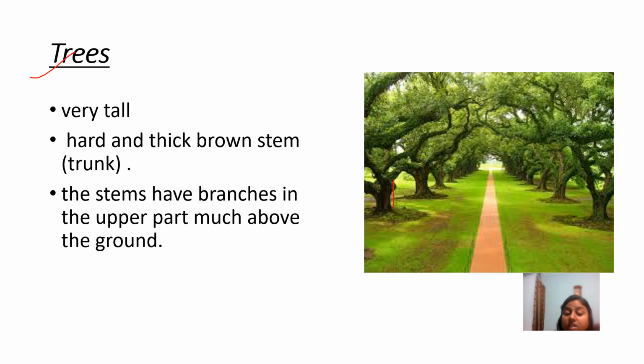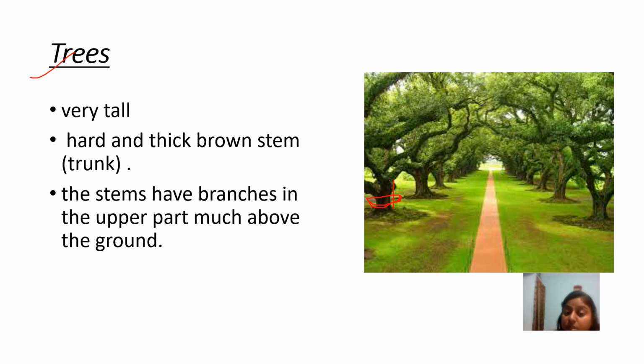The tree's stem is very much thick. Yes, and the stems have branches in the upper part, much above the ground, but in the case of shrubs, their branches are near to the ground. But in trees, the branches are in the upper part of the tree.